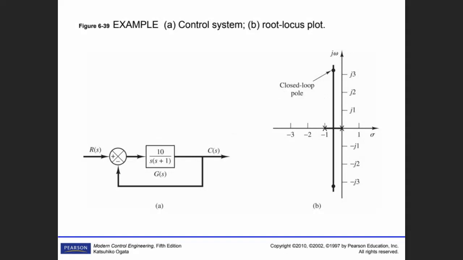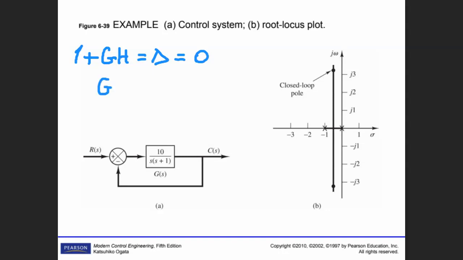We are going to add 1 zero near to the origin, and 1 pole a bit far away from the origin. Remember, the rule is that 1 plus GH, which is delta, is equal to 0.